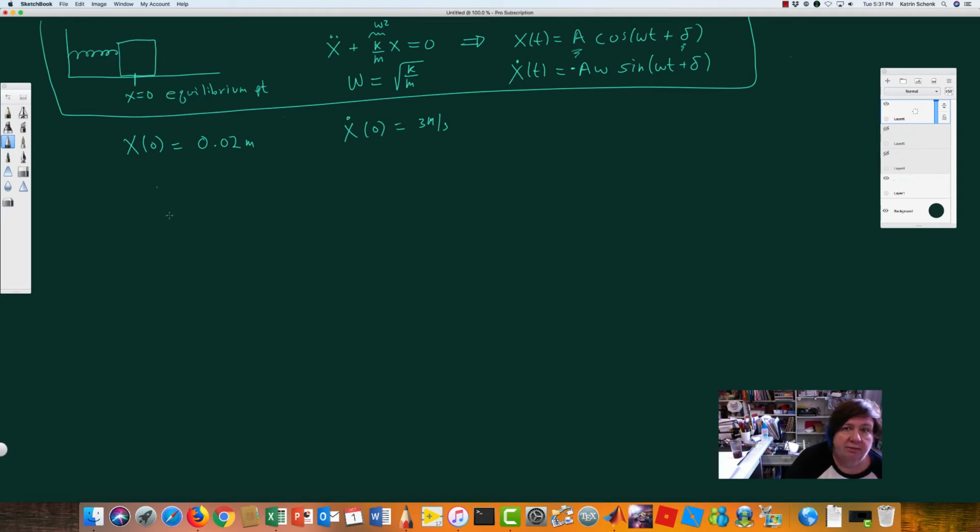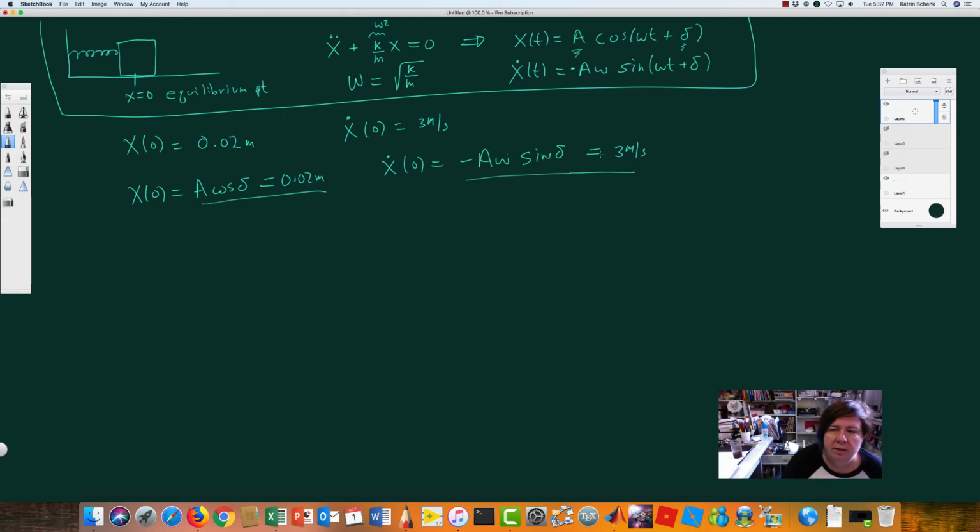Okay, let's just apply our stuff. So x at 0 is a cosine of delta, and that has to be 0.02 meters. Here we have x dot at 0 is equal to minus a omega sine of delta, and that has to be equal to 3 meters per second. Now, it's not as easy, but you have 2 equations for 2 unknowns, a and delta.